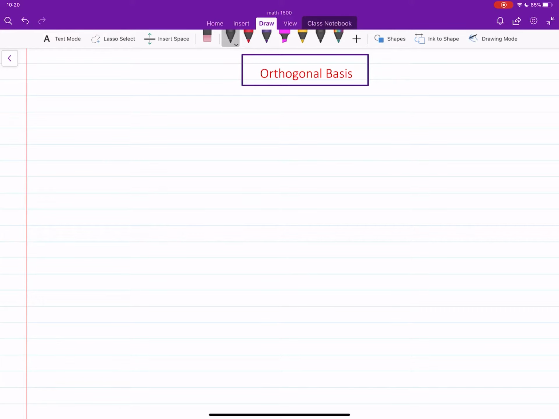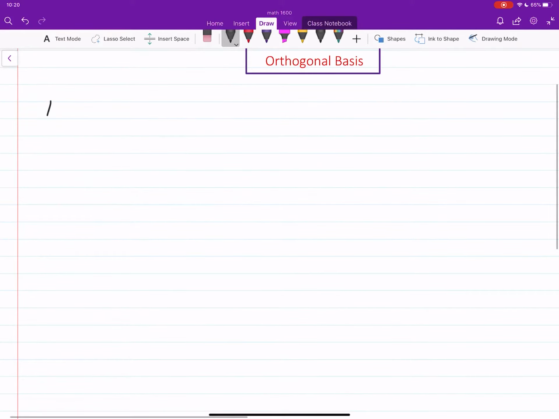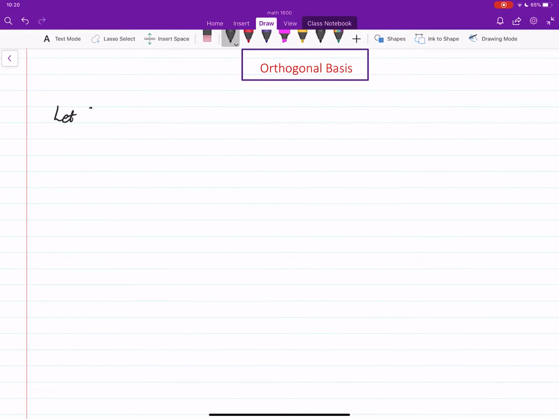Well, let us assume that we have a set of vectors v1 up to vk which is an orthogonal set of vectors, and this can be in any Rn.